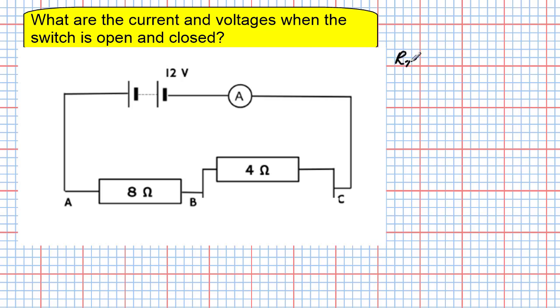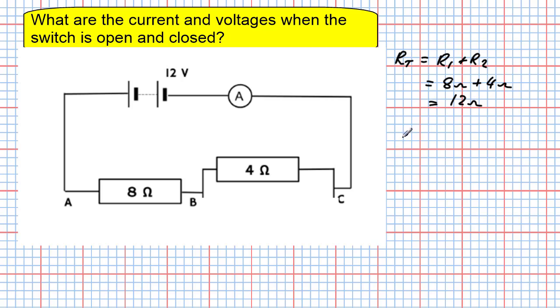The total resistance of that series circuit is quite simple. It's the first resistor plus the second resistor, and that's going to give us 8 ohms plus 4 ohms, which is 12 ohms. Now we know the total resistance of the circuit, we can work out the current flowing round that circuit.